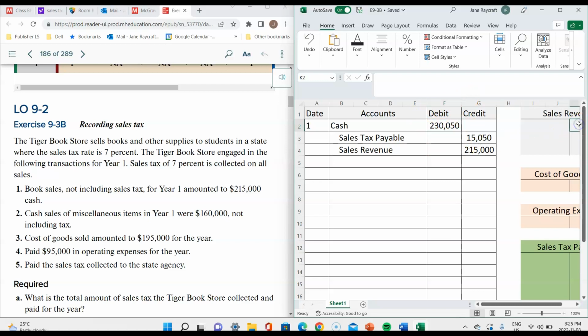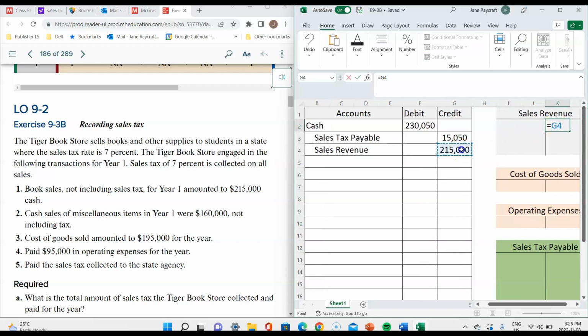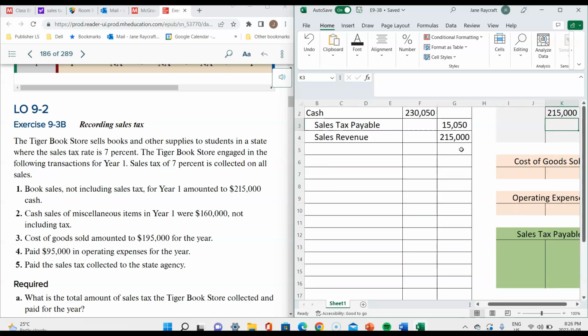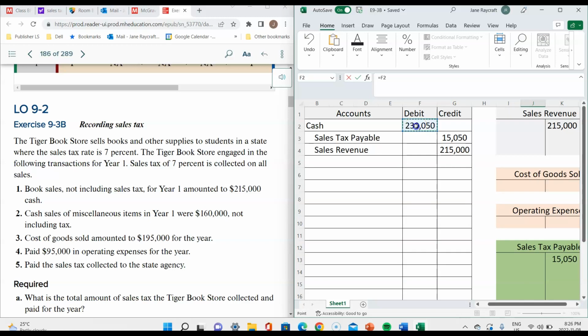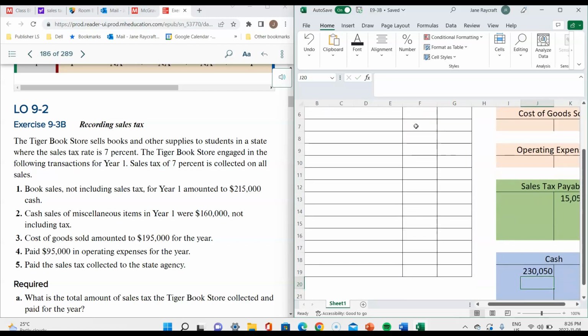So I'm just going to post these into their T accounts, because that's the important part, keeping track of all these things in their individual categories. So my sales tax payable is going up on the credit side because it's a liability, and that's just how we add to our liabilities. And then my cash, that's an asset account. So it goes up on the debit side, and life is very good.